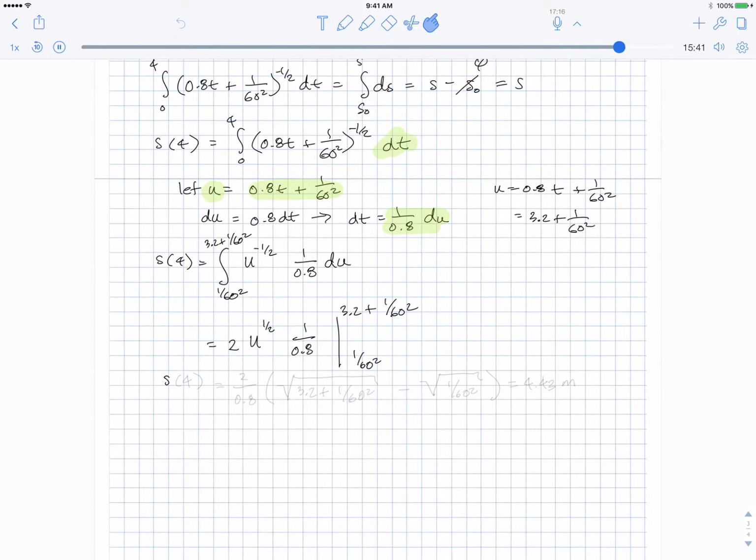So s at 4 seconds equals 2 over 0.8 times the square root of 3.2 plus 1 over 60 squared minus the square root of 1 over 60 squared. And let me punch that out real quick.